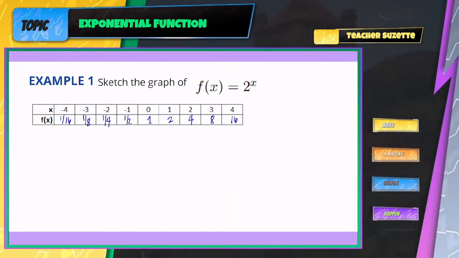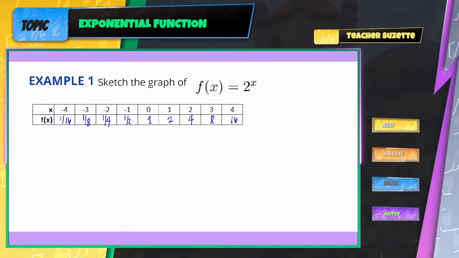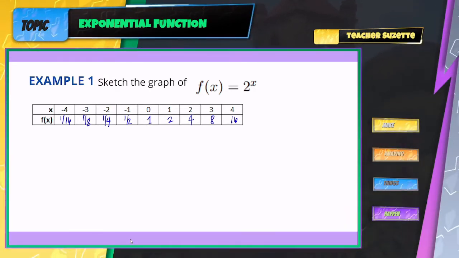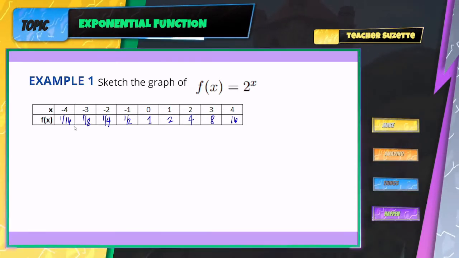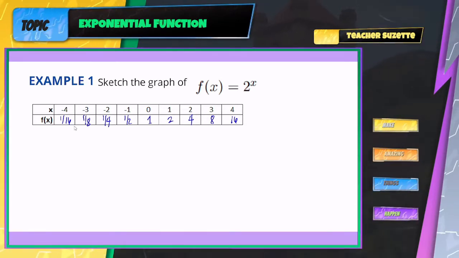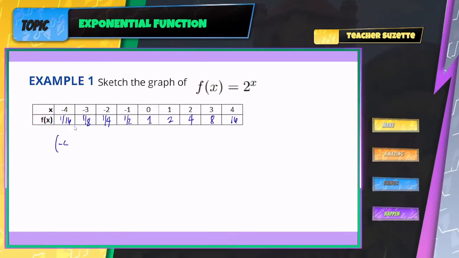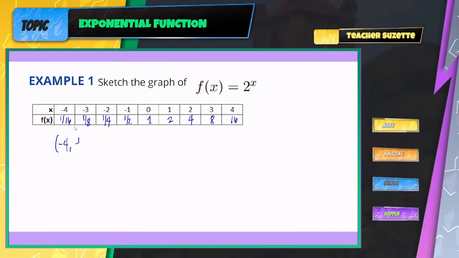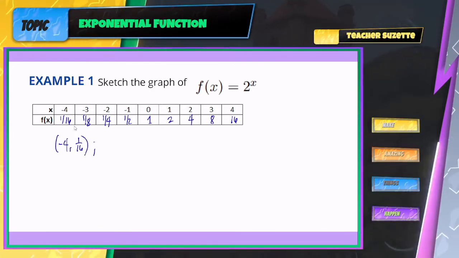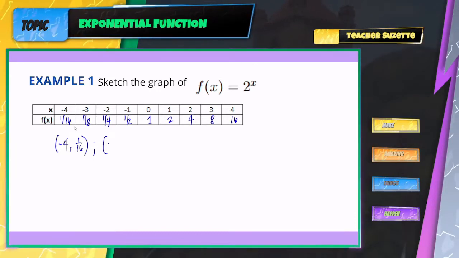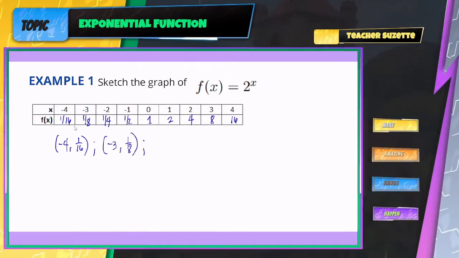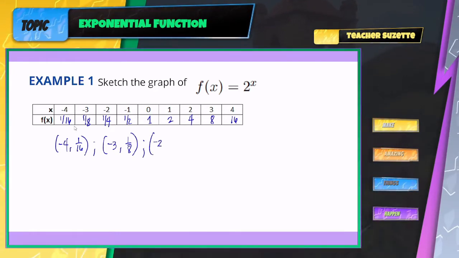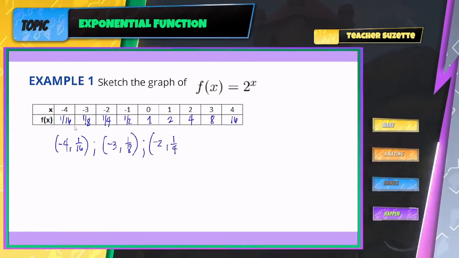So now that we have completed our table of values, we can now identify our points. Let's start with our negative 4. So we will have negative 4, comma, 1 over 16. Then another point is negative 3, comma, 1 over 8. Next, we have negative 2, comma, 1 over 4.